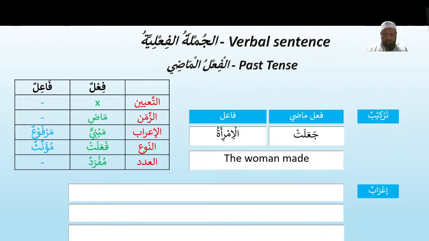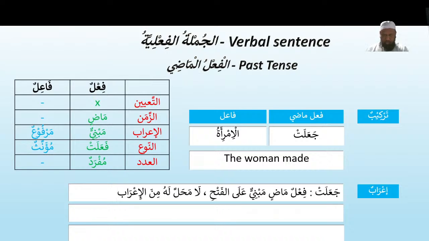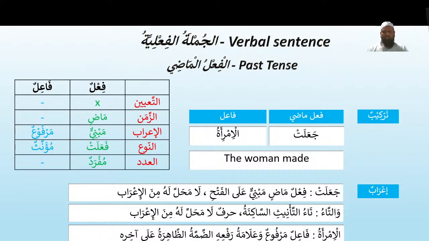And the i'rab is: جعلت فعل ماض مبني على الفتح الظاهر as we just discussed لا محل له من الإعراب. والتاء تاء التأنيث الساكنة حرف لا محل له من الإعراب. الامرأة فاعل مرفوع وعلامة رفعه الضمة الظاهرة على آخره.